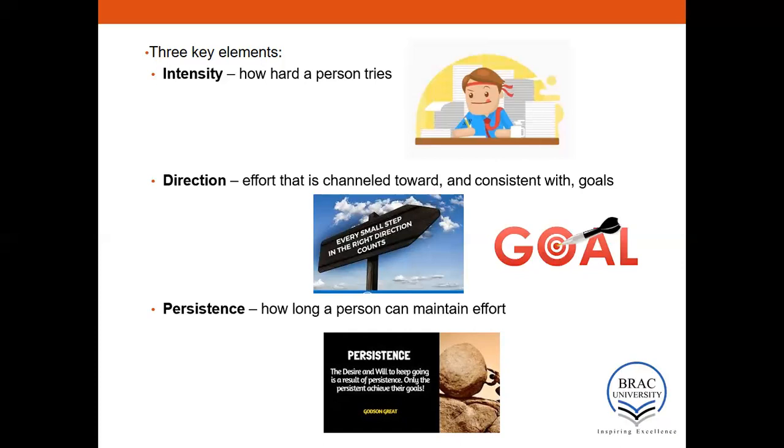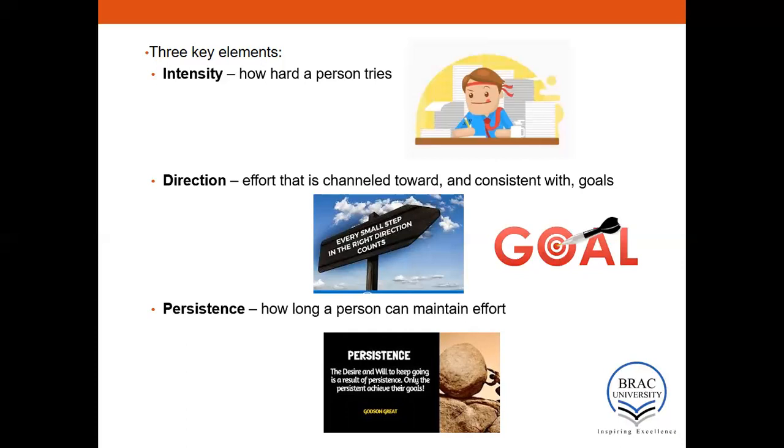No. Why? Because in reality, if you are actually motivated towards something, no matter what, you will give your effort, no matter how the struggle is, no matter how the obstacles are, you will eventually overcome all those things and you will be able to achieve your goal. This is how motivation actually works.